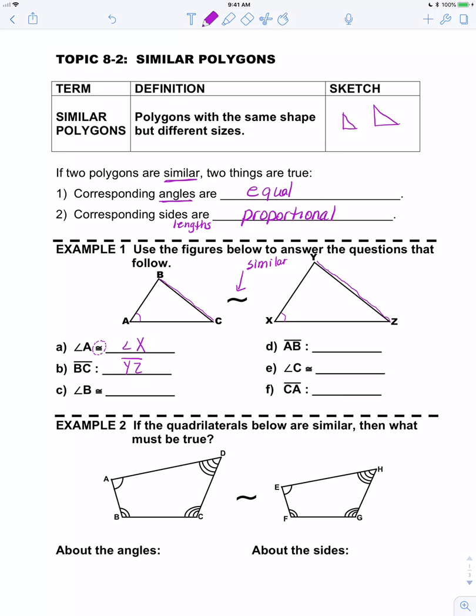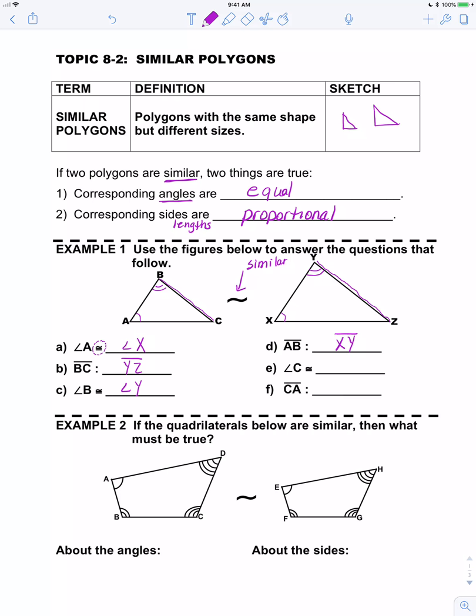So angle B would be congruent to which angle? Let's draw two lines here. So it's congruent to this one up here, angle Y. Line AB then is going to be proportional to XY.